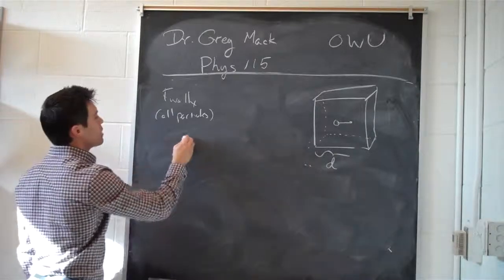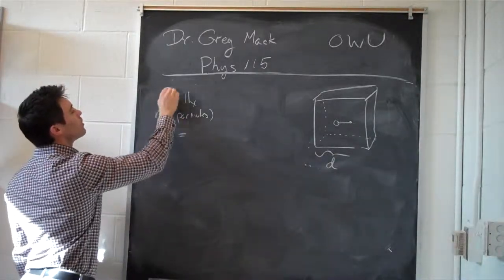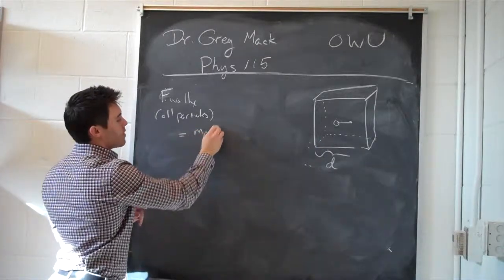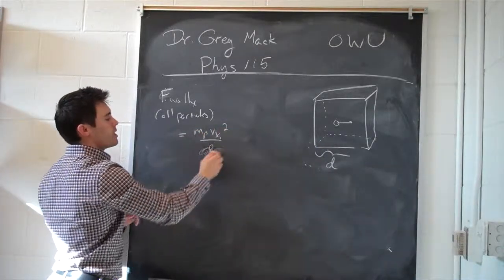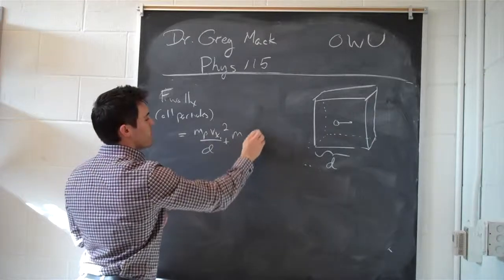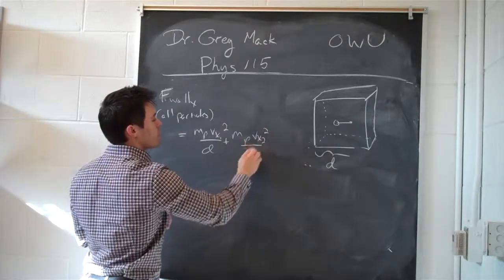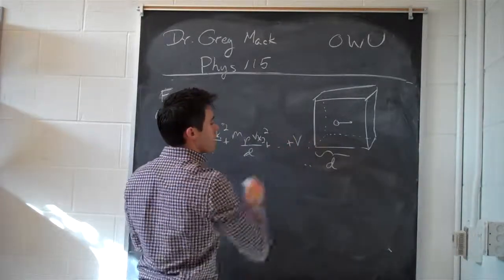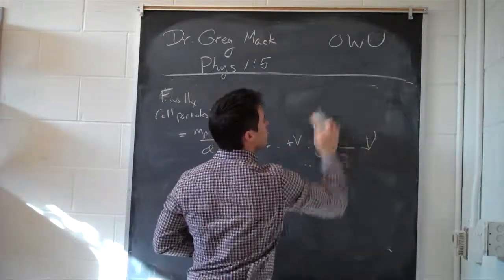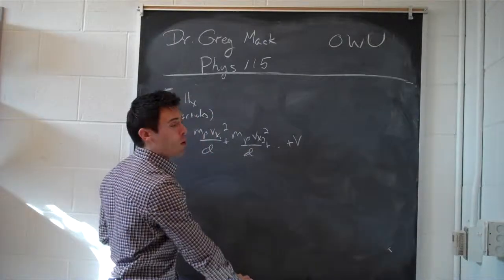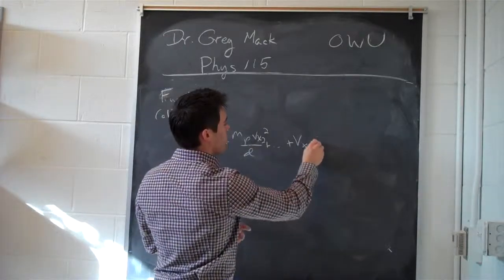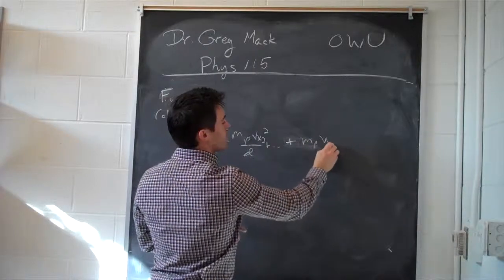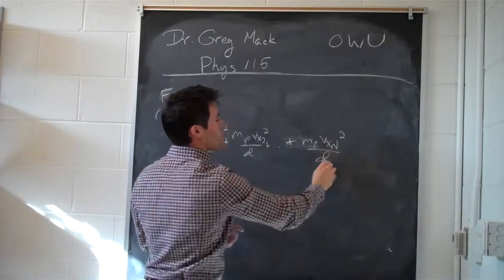So that's going to be equal to mp times Vx1 squared over d plus mp times Vx2 squared over d plus all the way up to our last particle, which we'll say is the capital Nth particle, plus mp Vx capital N squared over d.